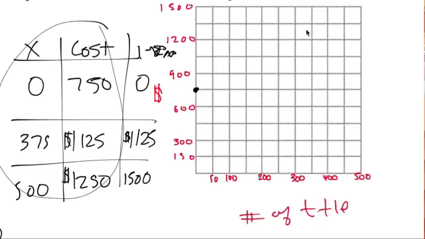Uh-oh. It's 1,050 here, so more than that. So right there. And then 512.50. Somewhere there. So that's the line right there. Okay, and that's the cost line.